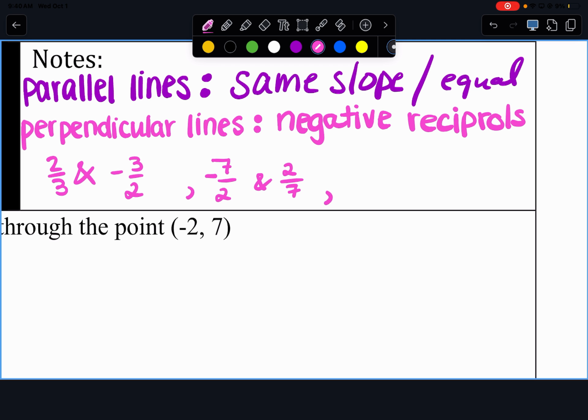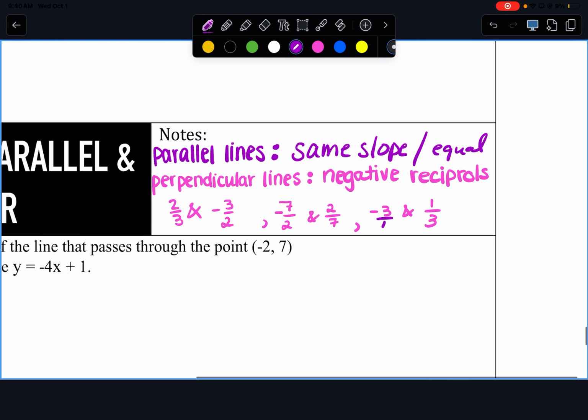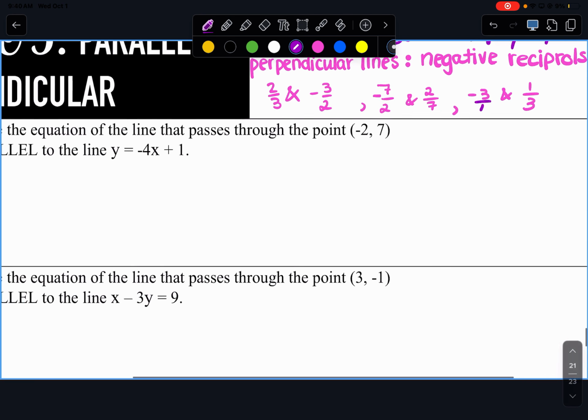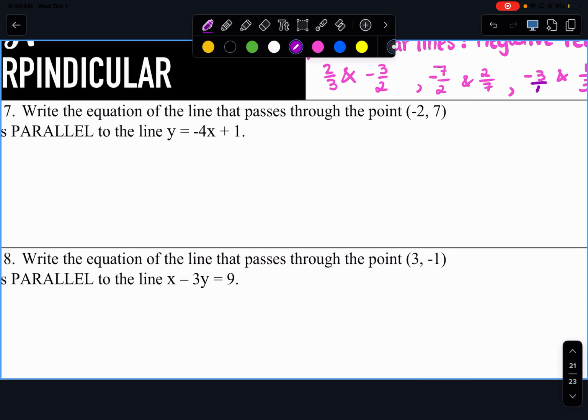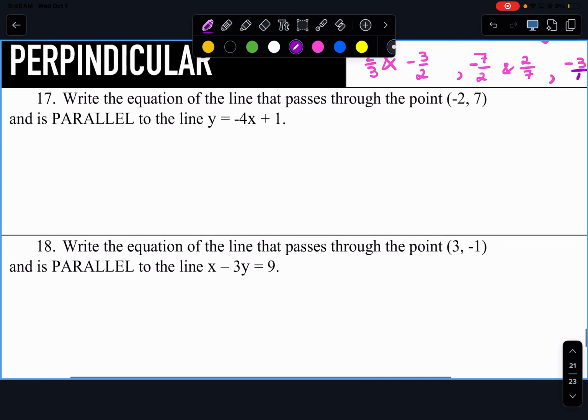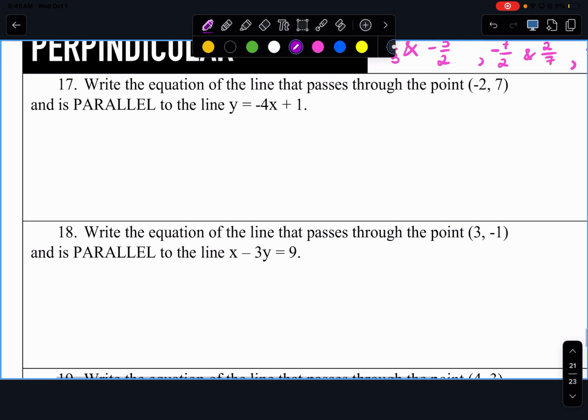If I give you negative 3, what would the negative reciprocal slope be? Positive 1/3. Because what's technically underneath negative 3? A 1. So you flip the sign, flip the fraction to get negative reciprocal slopes. Now, we're going to do one each. Or we'll figure it out.